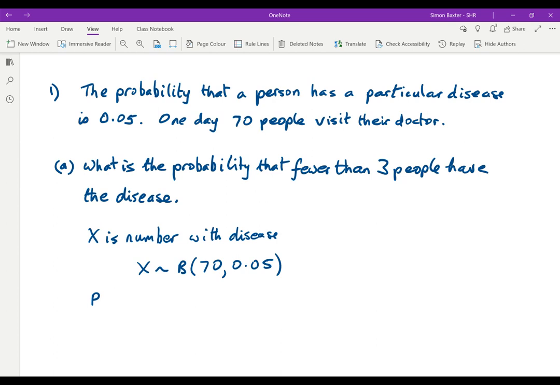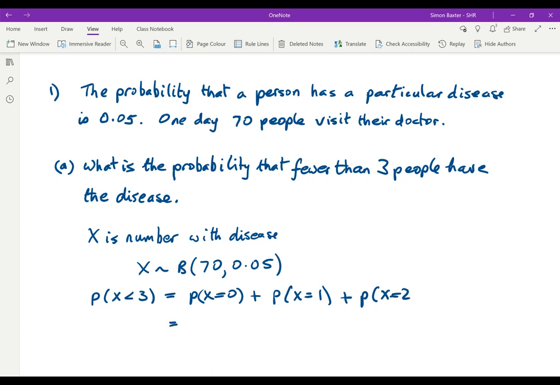The probability that x is less than 3 is the probability that x is 0, plus the probability that x is 1, plus the probability that x is 2. We can't use binomial cumulative tables here because 70 is too large.